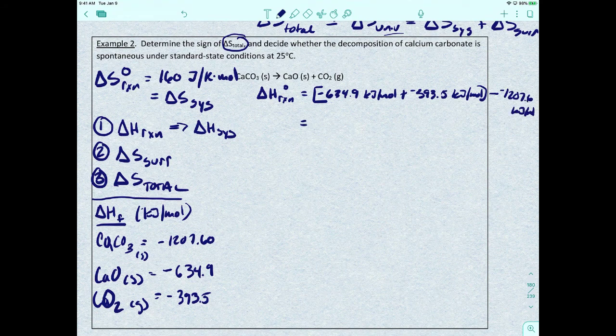If we do everything inside the parentheses, negative 634.9 plus a negative 393.5, and then we subtract a negative 1207.6, which is the same as adding. That should give us a positive 179.2 kilojoules per mole. Based on what the number's telling us, we know that this process is going to be endothermic.